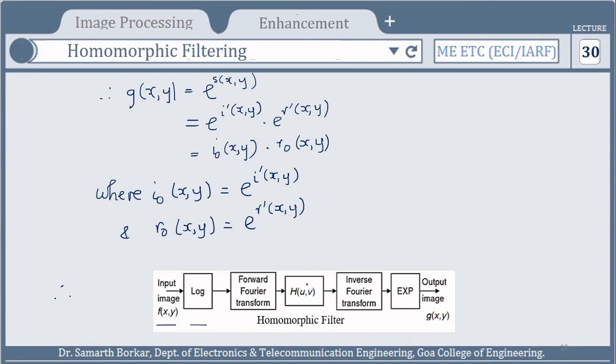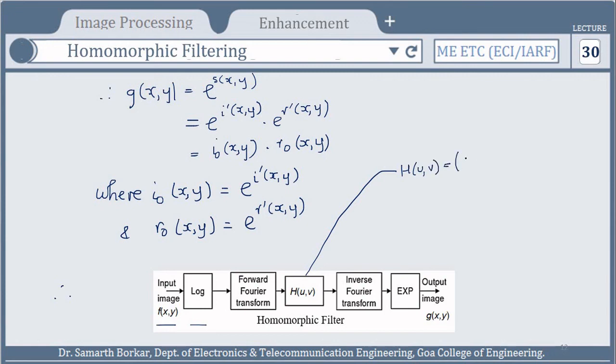and then we apply the H of u, v. And what is this H of u, v? It is the filter. Okay, let me write the function for H of u, v, the equation for the filter.